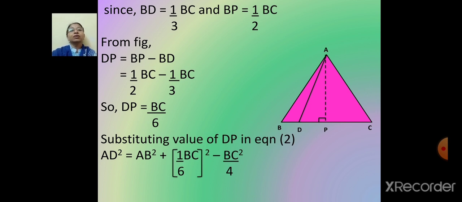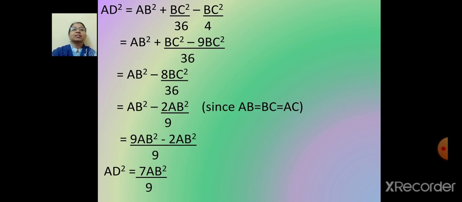Right. Now let us square this term. So this will become AD square is equal to AB square plus BC square upon 6 square is 36 minus BC square upon 4. So this is that step.